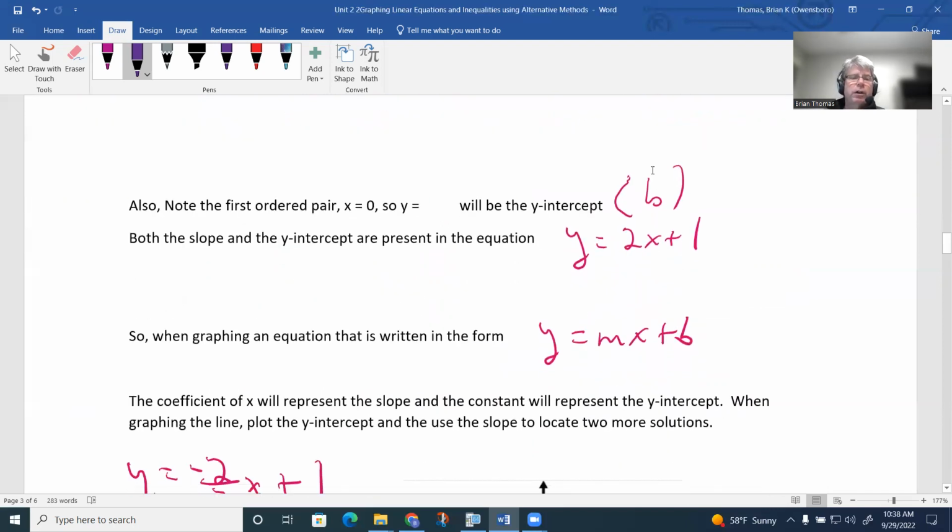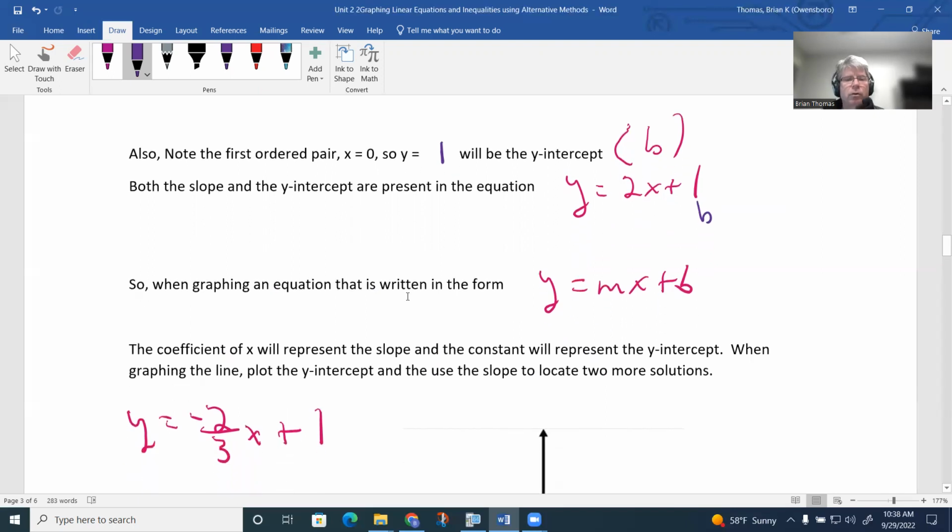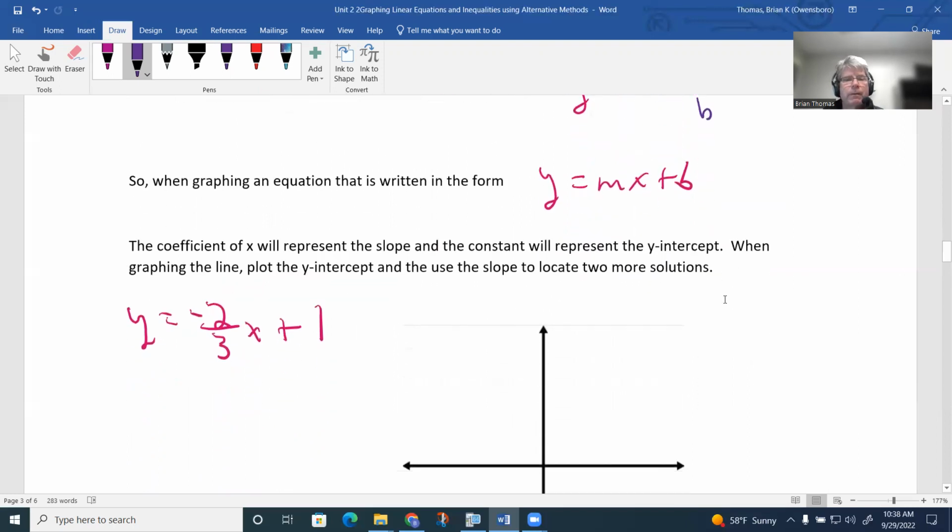Notice how in our graph, when x is 0, y equals 1, that was our y-intercept. So when you have the equation y equals 2x plus 1, notice how that b was the y-intercept. It's easy to graph an equation when it's in the form y equals mx plus b.